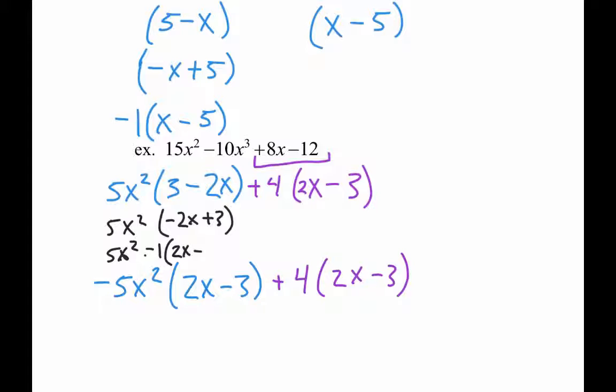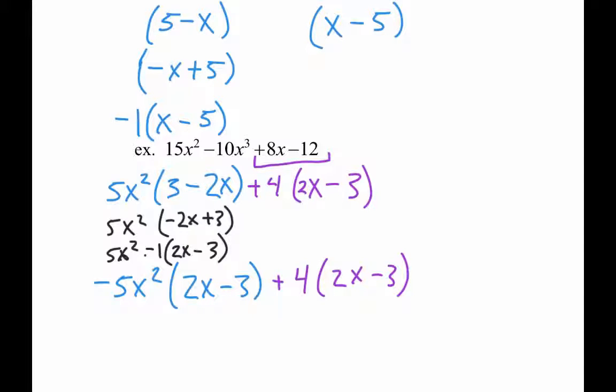Negative 1 times the positive 3 gives me the negative 3. Then I combine my 5x squared and my negative 1 to get negative 5x squared. And this is that. The other way to do it, Nick's exactly right, you could change the sign on the negative 4 and flip this one around. I like doing this one because typically you get x's before. This is in standard form. It's written in the right form.